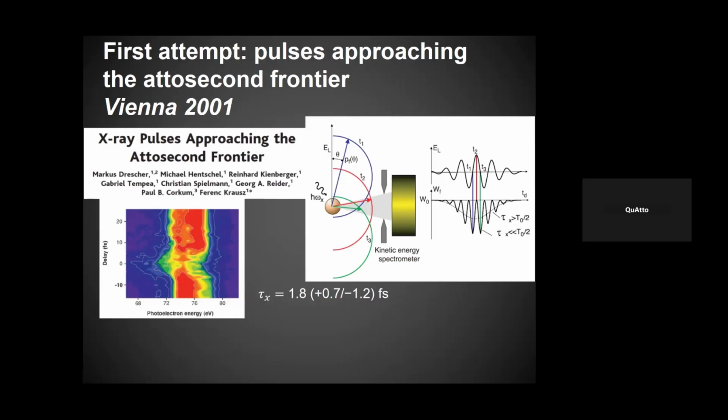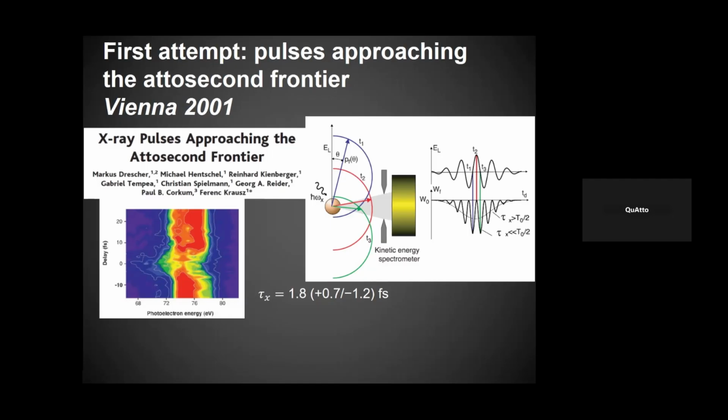So you always look at the interaction of the photoelectron wave packets released by your XUV radiation with an infrared field. But in that case, they were not looking along the polarization direction of the infrared laser. They were looking in the perpendicular direction. So this changes a few things: the collection efficiency, the number of electrons that you will collect, and also the periodicity.